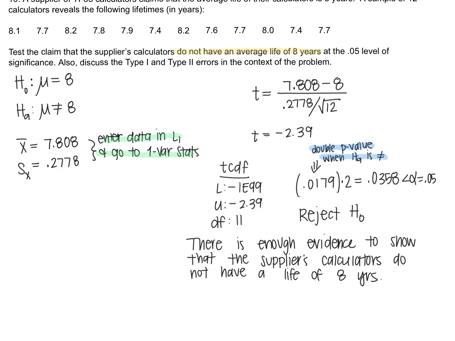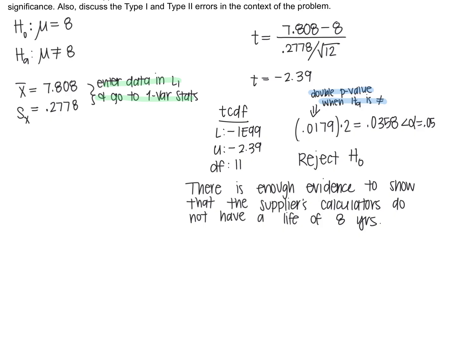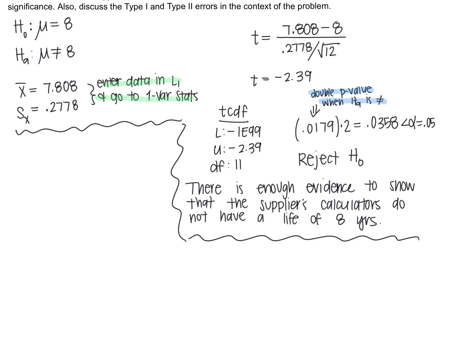The rest of what I'm going to do is related to type 1 and type 2 errors. So I'm going to kind of separate the hypothesis test stuff from the type 1 and type 2 error stuff. So when it comes to a type 1 and a type 2 error, a type 1 error is when you reject but should have failed to reject.